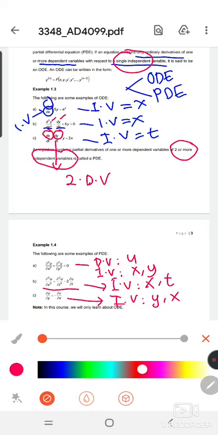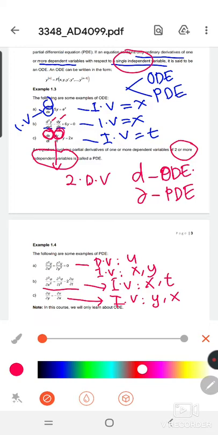Okay, satu lagi beza ODE and PDE. Kalau ODE kita akan gunakan letter d. dx, dy, nampak tak d semua kan, bentuk huruf ni d untuk ODE, ordinary differential equation. But this one we use delta for PDE, partial differential equation. So yang ni awak dah boleh nampak dah kat sini.